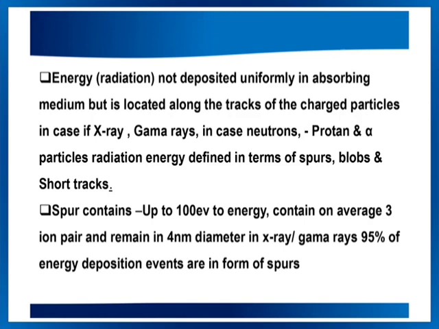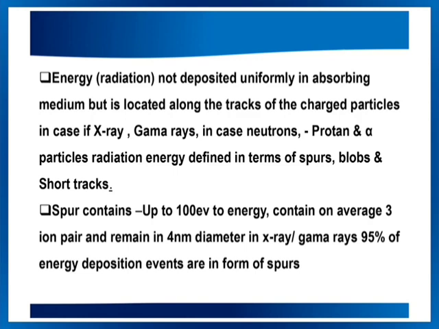This 4 nanometer diameter is important, and it produces maximum DNA damage, because you see the DNA diameter is 2 nanometer. So 4 nanometer means it overlaps the DNA and does multiple-site DNA damage.